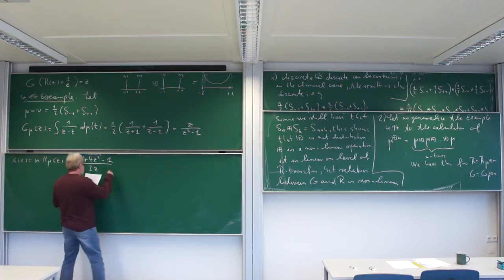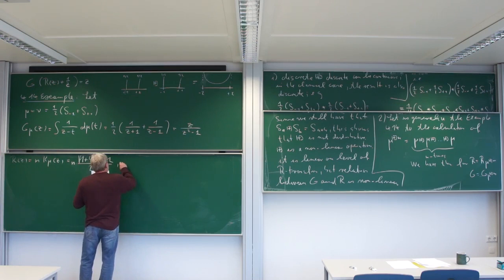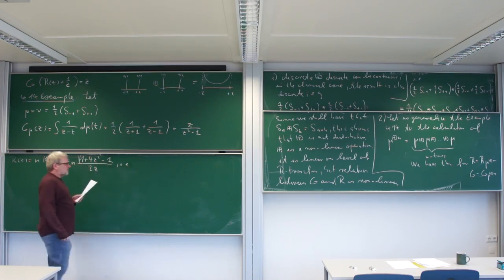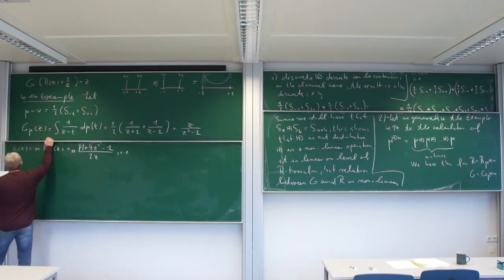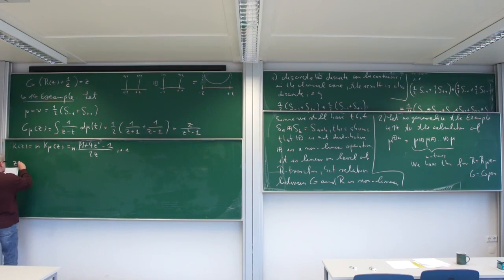Good. And so we have the R transform of our free convolution measure, and now I just have to calculate the Cauchy transform again, by taking the Cauchy transform as the inverse of this R transform plus 1 over z.